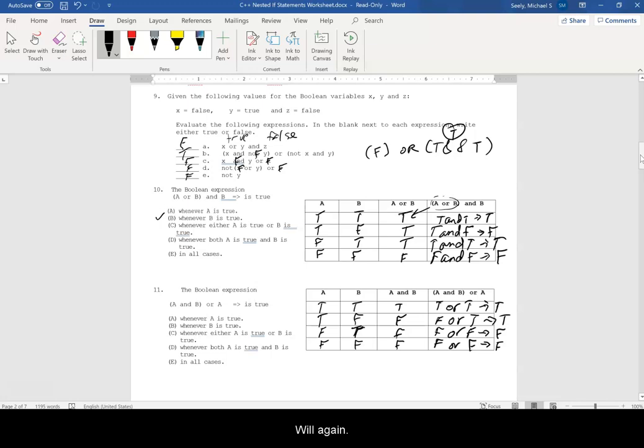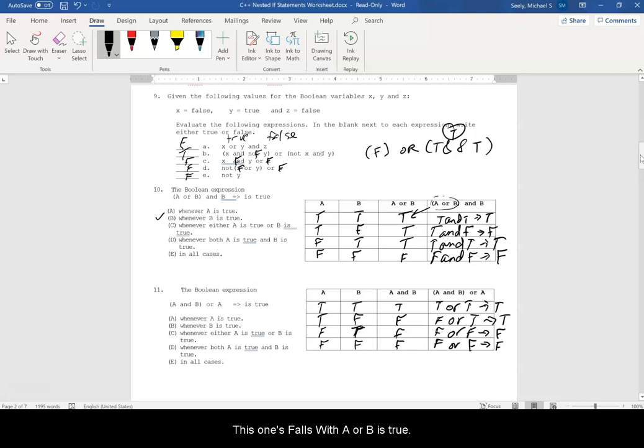Well, again, A is true, and that's false. And in this case, whenever A is true or B is true, if that's true, then it's true. Or wait, we don't know because that's false right there. This one's false, but or B is true.